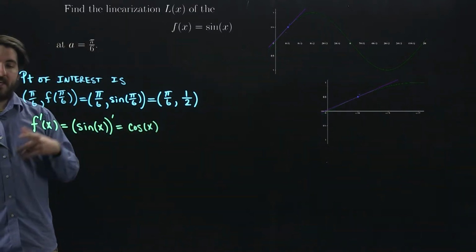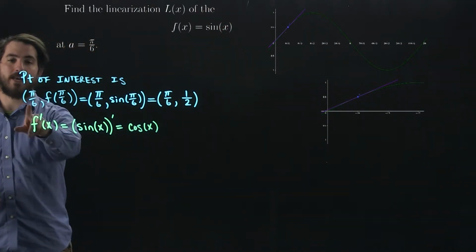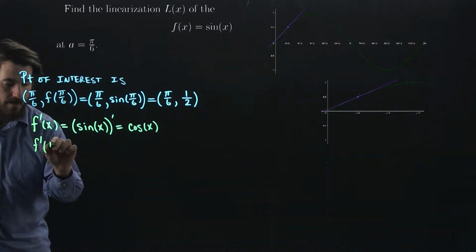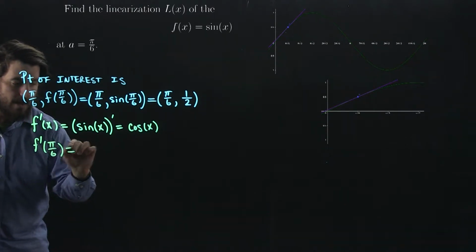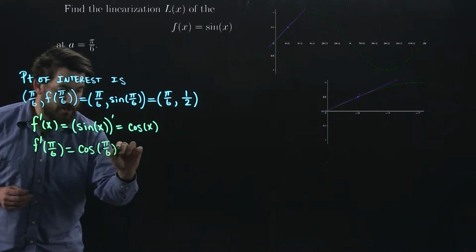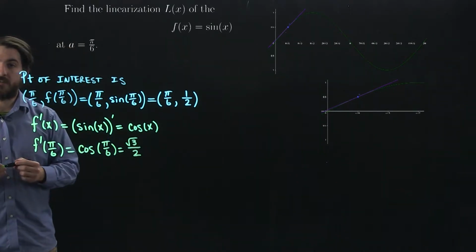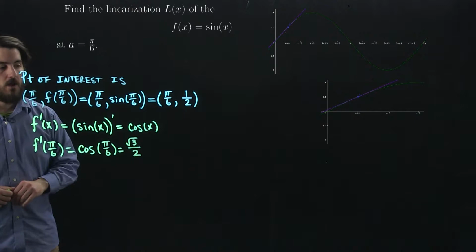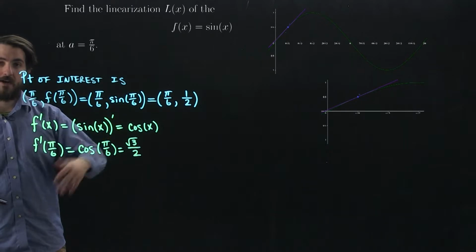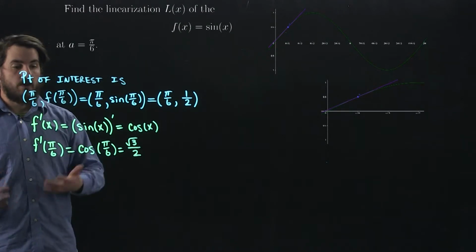We want the tangent slope at x equals pi over 6, so we evaluate f prime of pi over 6, which is cosine of pi over 6, which equals root 3 over 2. That's part of the common unit circle values that we should know off the top of our head: pi over 6, pi over 4, pi over 3, pi over 2.